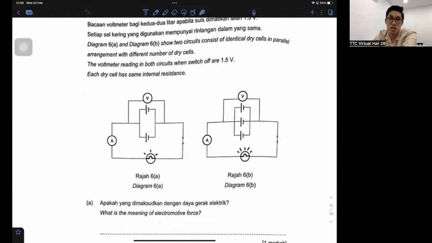Okay, so question number 1 is the same question as we did just now. What is the meaning of electromotive force?